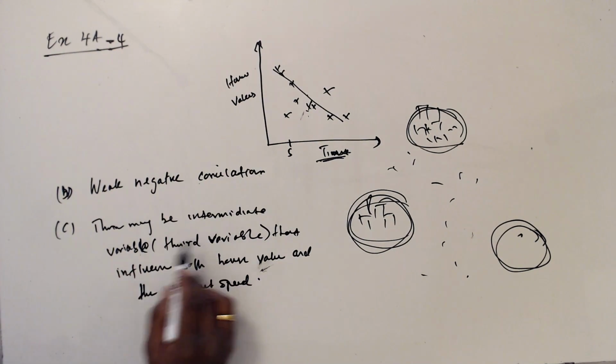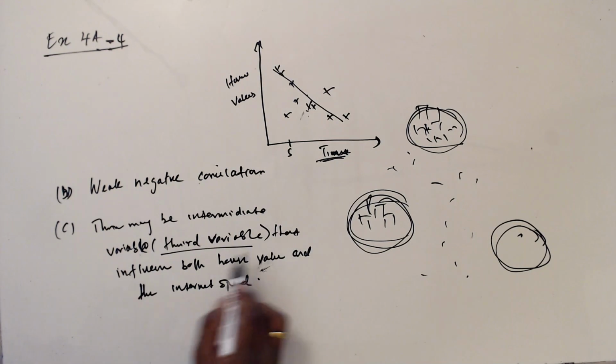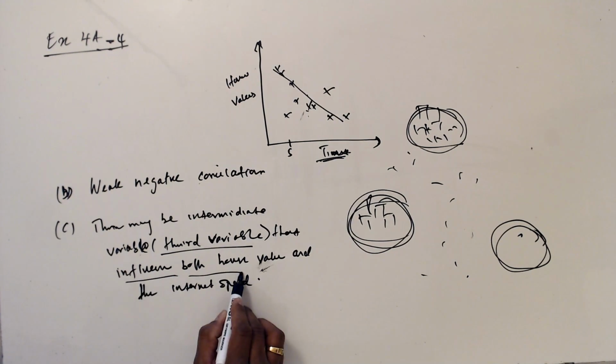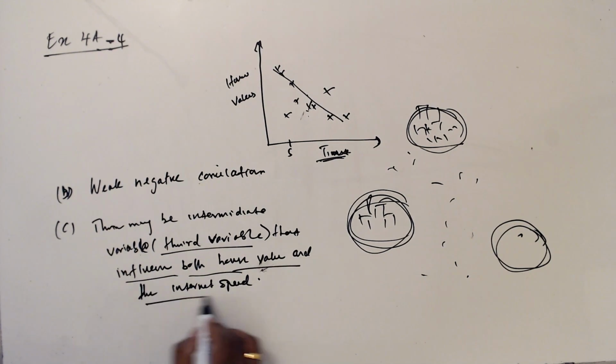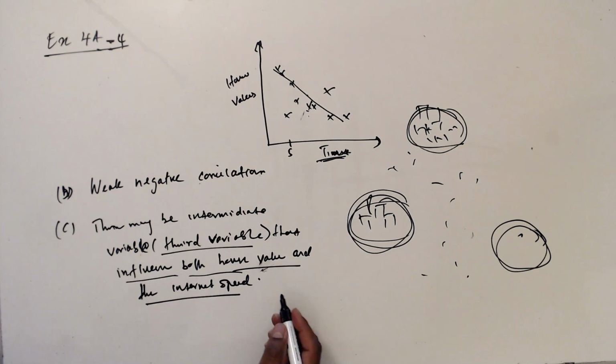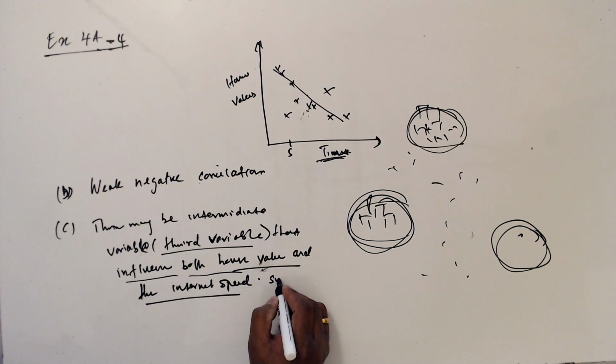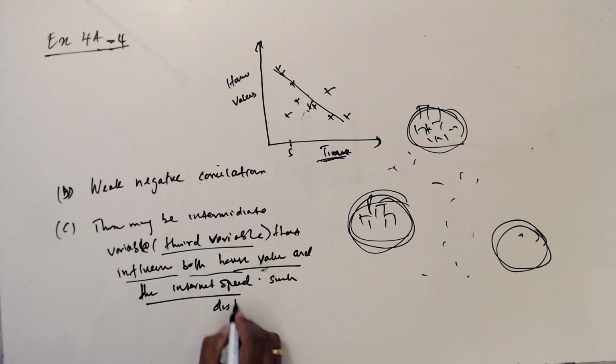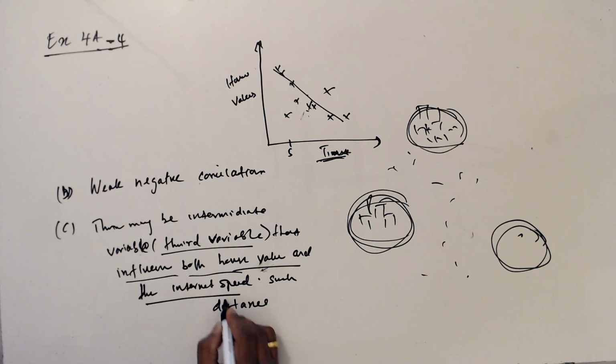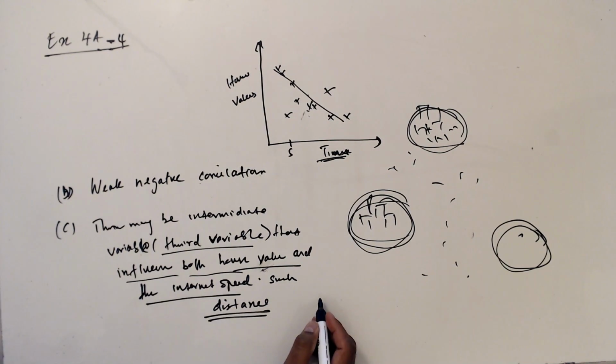There may be an intermediate variable or third variable that influences both house values and the internet speed, such as distance. So the distance is the intermediate or the third variable.